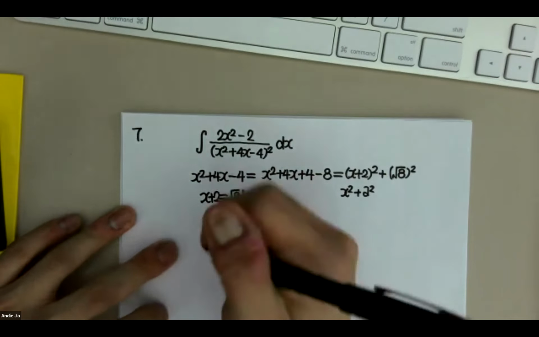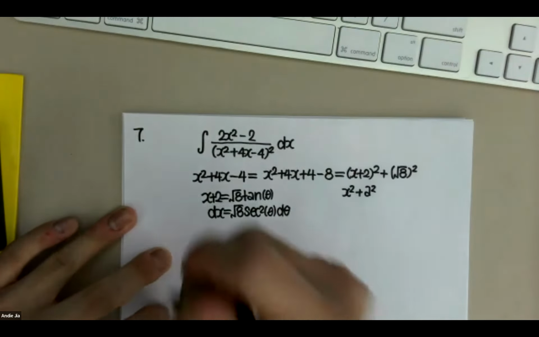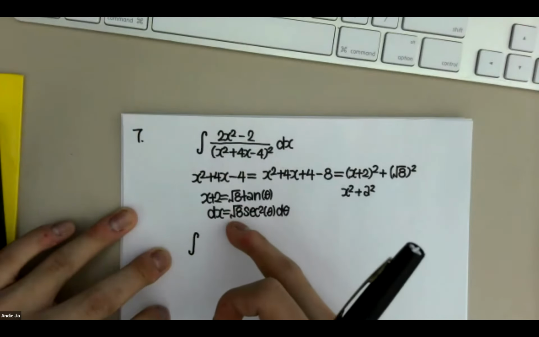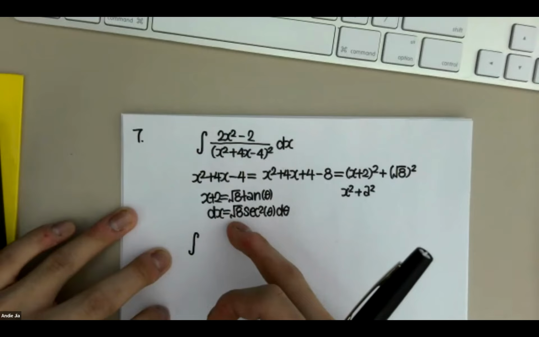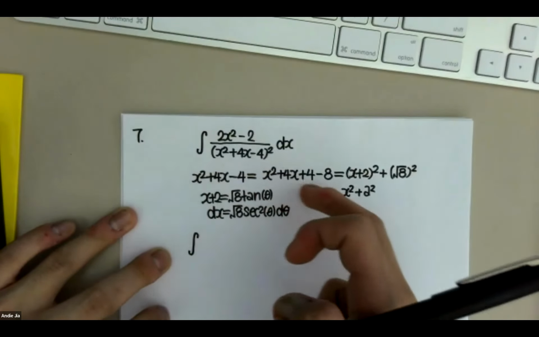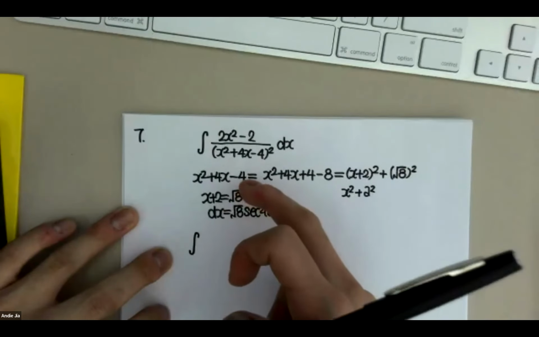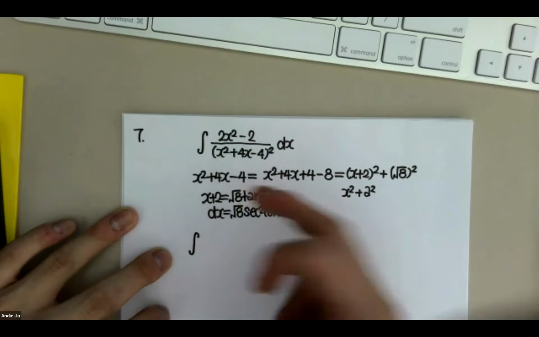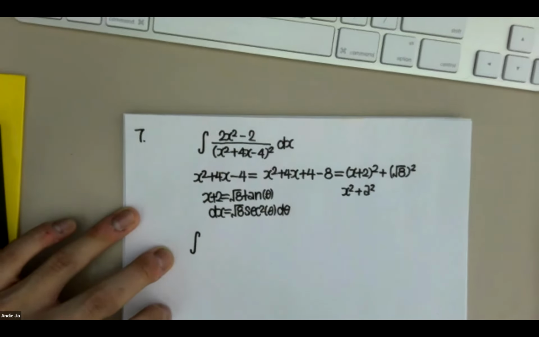Now we can do this with 2x squared. If x plus 2 is square root of 8 tangent of theta, then x will be square root of 8 tangent of theta minus 2. Does this make sense to you guys?